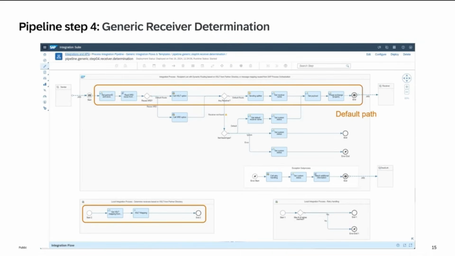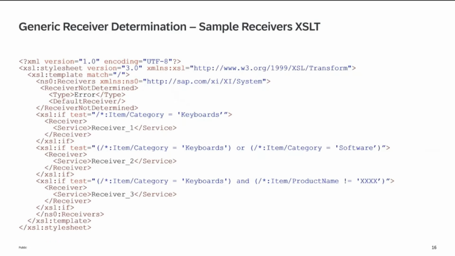And here you can see what such an XSLT looks like, right? Then you can see that we have potentially 3 receivers, and we have the XPath based on the category or product name, and then we also need to specify in this receiver not determined node what the runtime should do if no receiver could be determined.